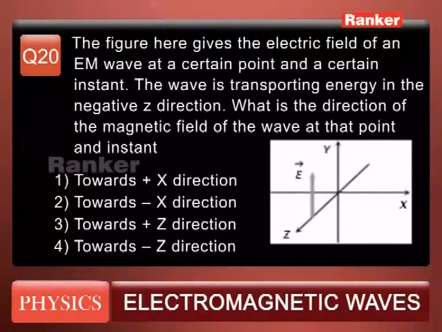The first option is towards positive x direction, second option towards negative x direction, third option towards positive z direction, and the fourth option towards negative z direction. As in the question it is given the energy is propagating towards the negative z direction.